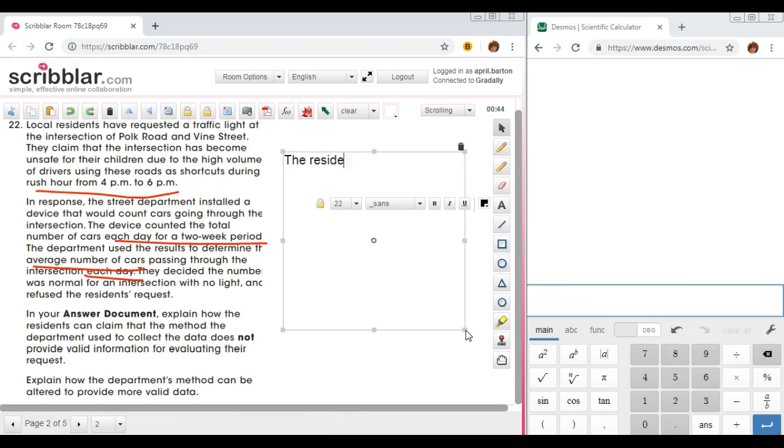The residents wanted data from 4 p.m. to 6 p.m. only because of rush hour. The street department, they collected data for all day long.